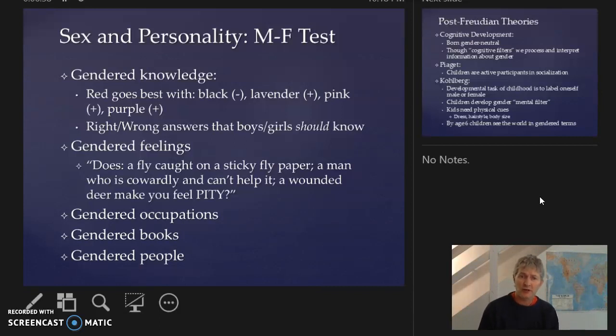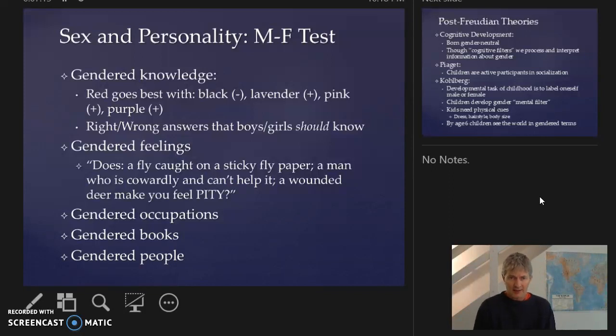Something like gendered knowledge: red goes best with black, lavender, pink, or purple. If you know the answer to this, you're probably more likely to be representing the feminine. It essentially gave the idea that there were right and wrong answers that boys and girls would know and ultimately should know.